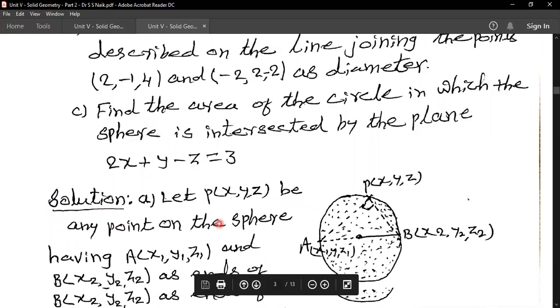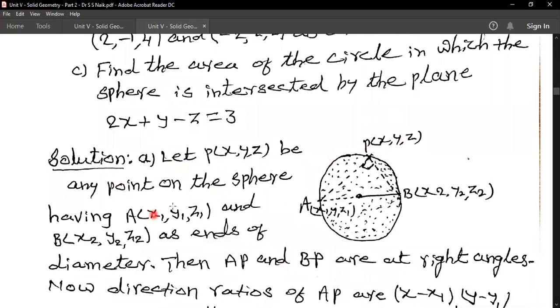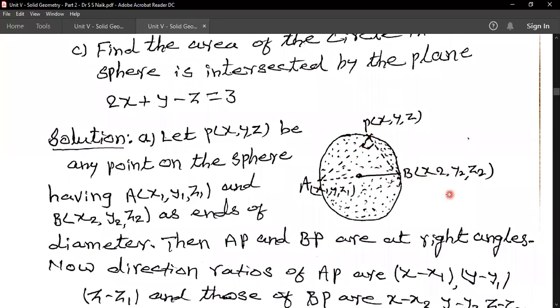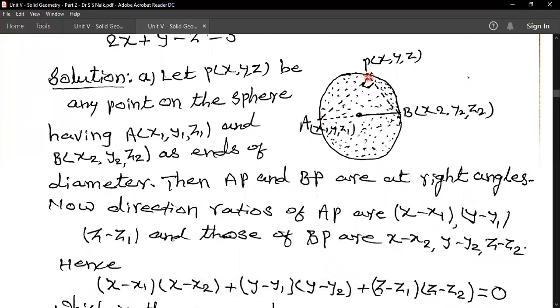We'll see the first one. Let P(x, y, z) be any point on the sphere. Now this is a sphere. Then this is a diametric form, that is, A(x1, y1, z1) and B(x2, y2, z2) are the ends of the diameter. Then AP and BP are perpendicular, at right angles.